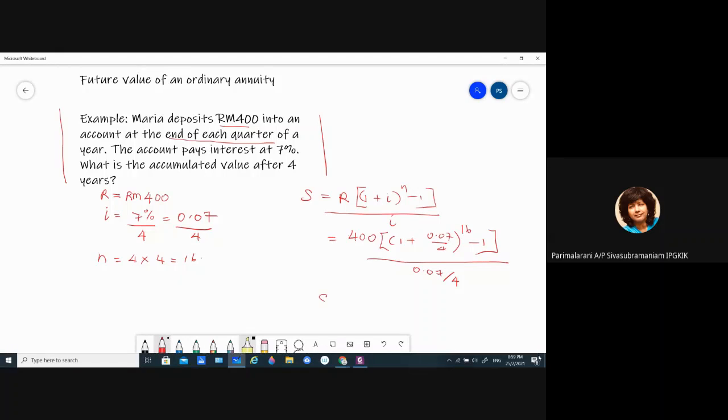So how much is your S? S is your accumulated value. Some books will say it's A. A is also okay.